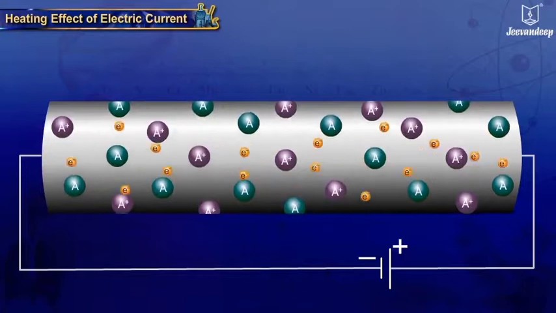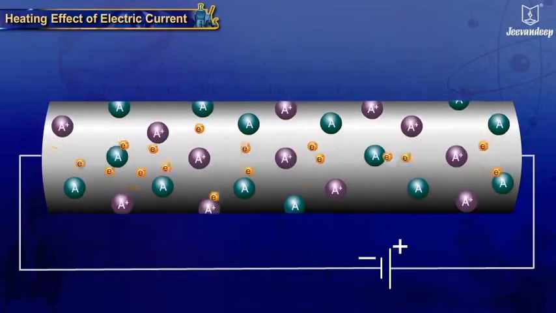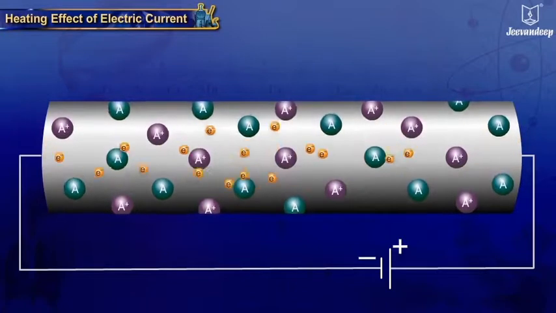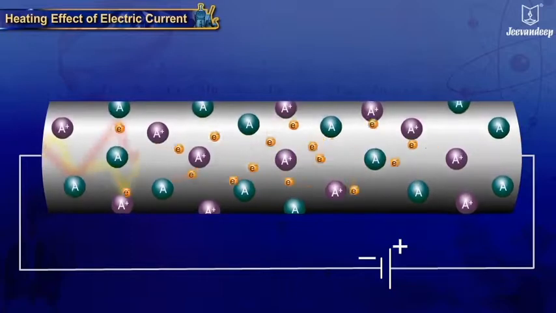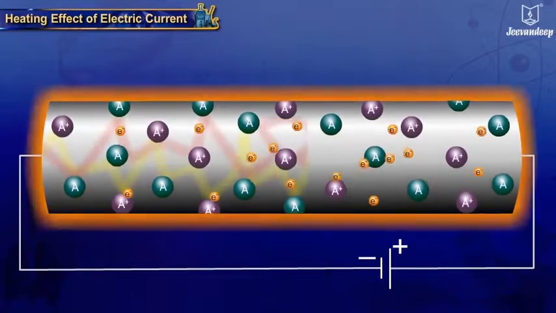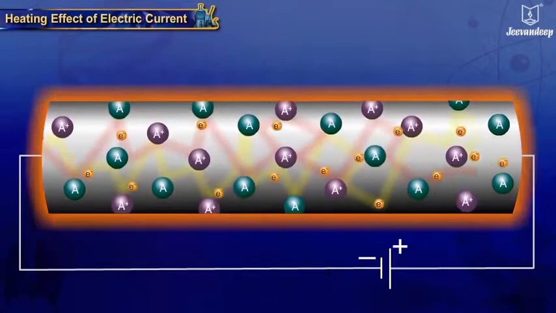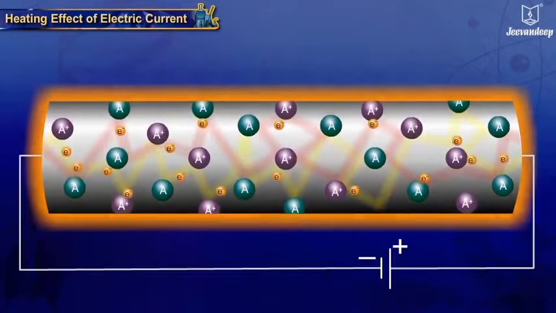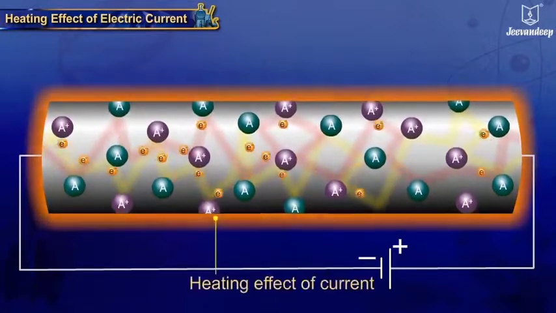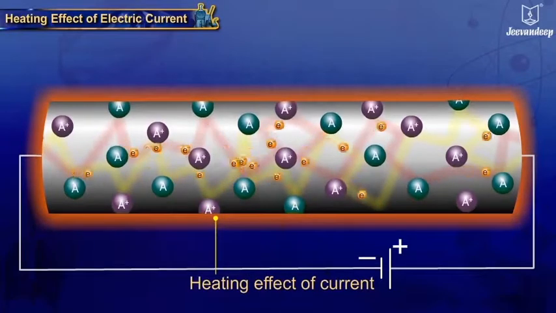This results in production of heat energy in a conductor due to the electric current flowing through it, and this phenomenon is known as the heating effect of the current.